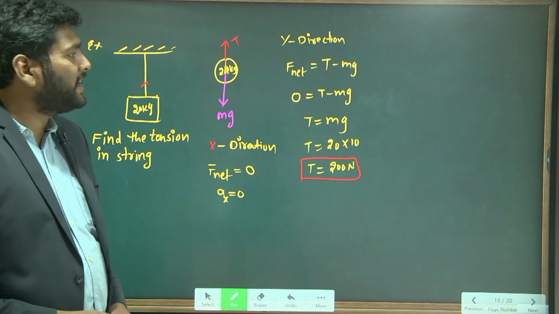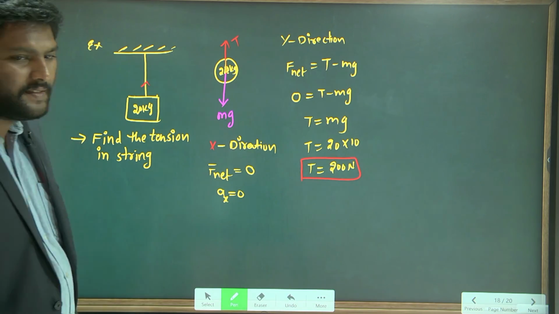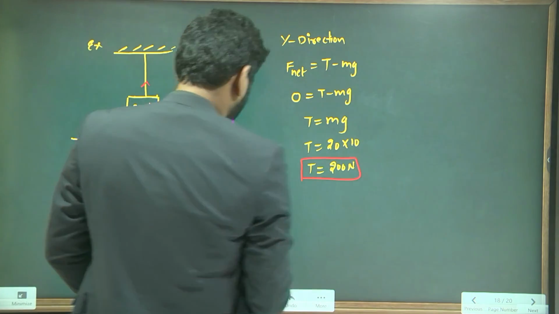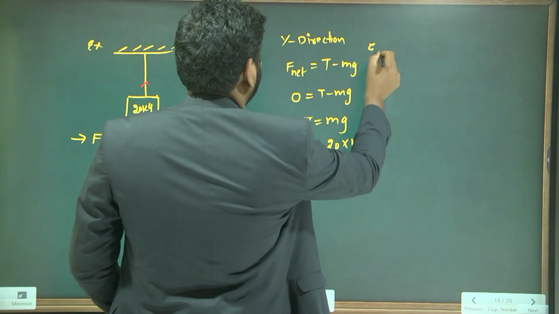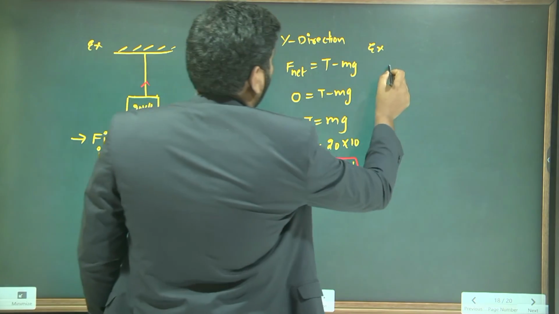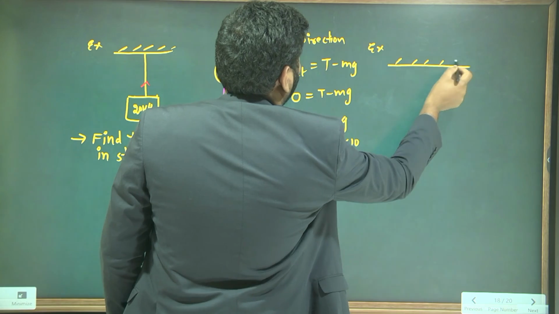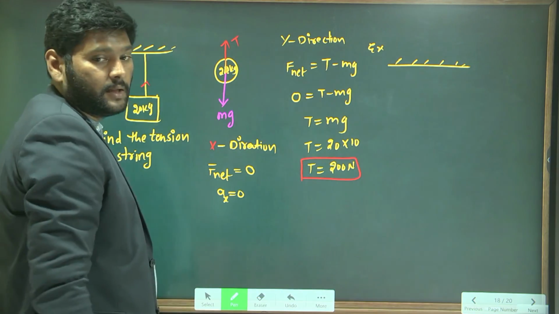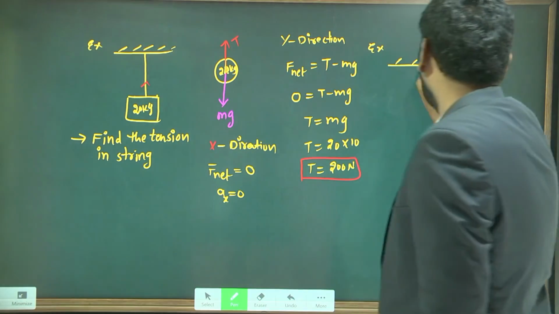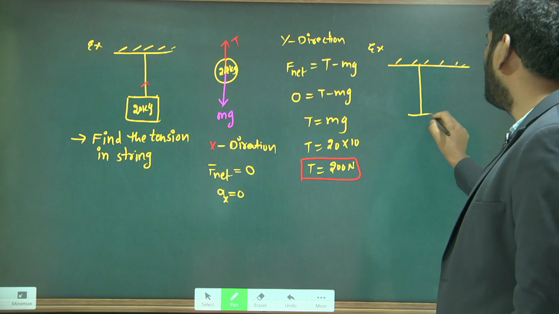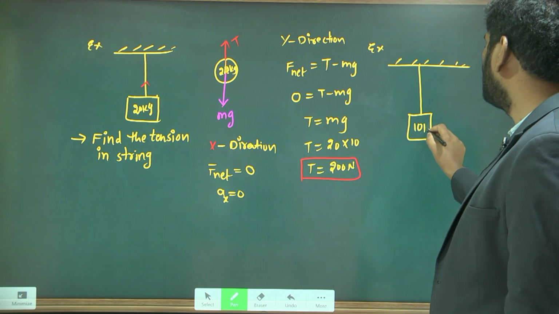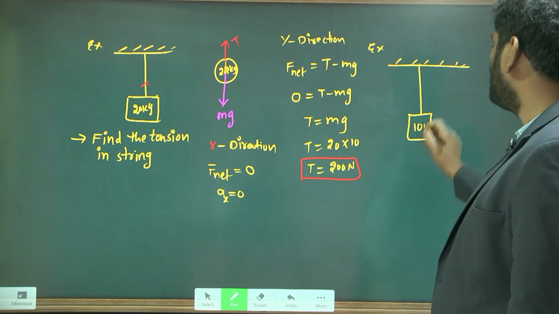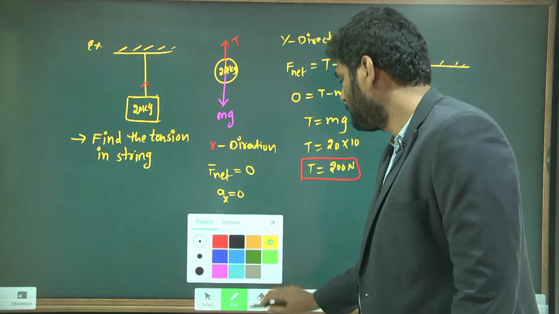Can I give one more question? Yes, sir. A similar kind. Can I note this? First I'll give the question, later we can note. Here, this is again a rigid support. Here I suspended one 10 kg object. Now what is the tension in the string?